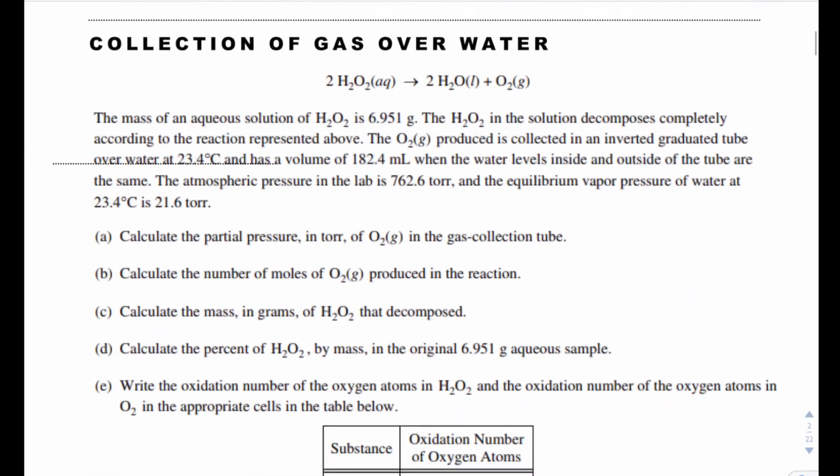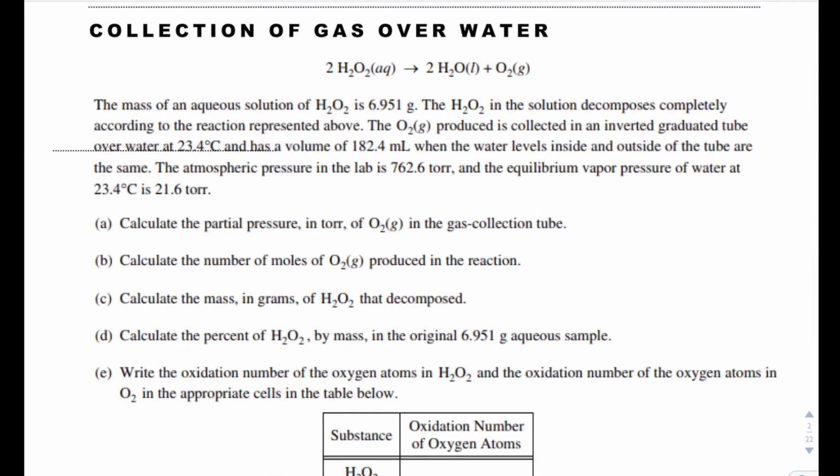Another topic that we probably need to go over is collection of gas over water. This is the setup we did in lab where we had an Erlenmeyer, but it was really a sidearm flask, and we had a piece of tubing, and gas traveled through the tubing and was collected in an upside down graduated cylinder.